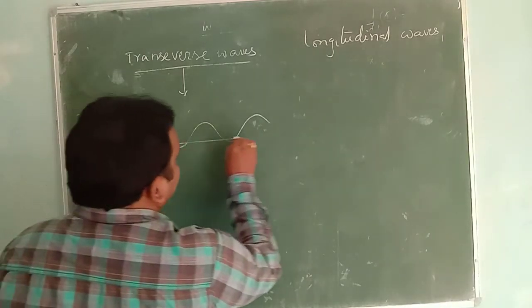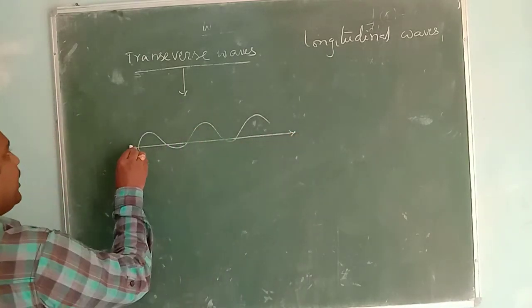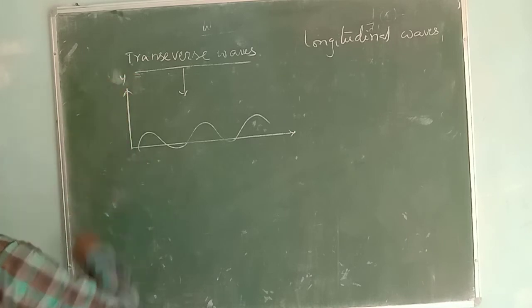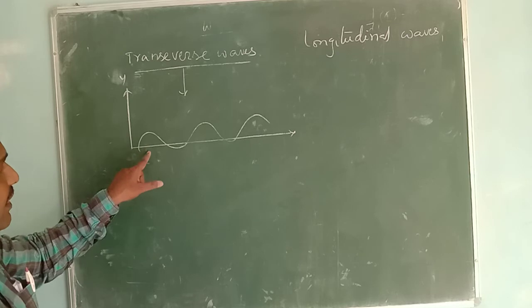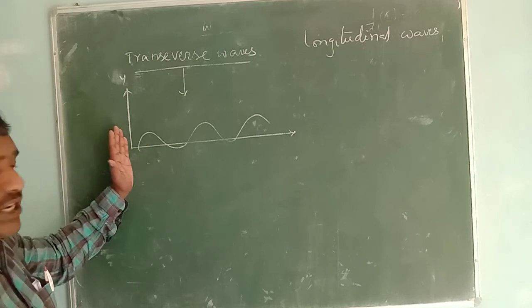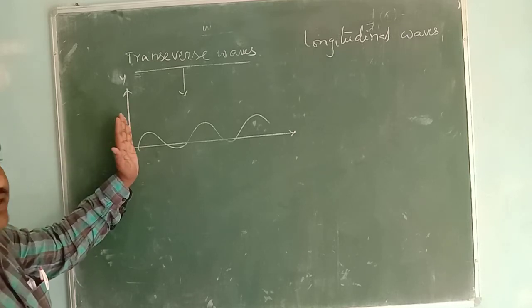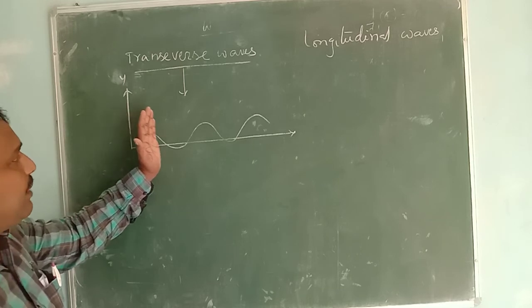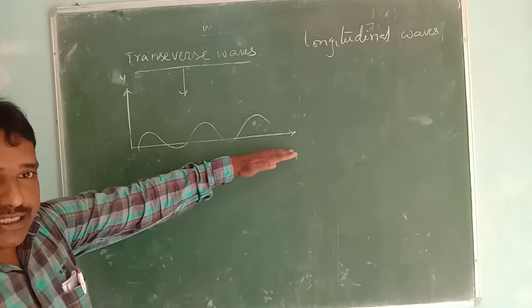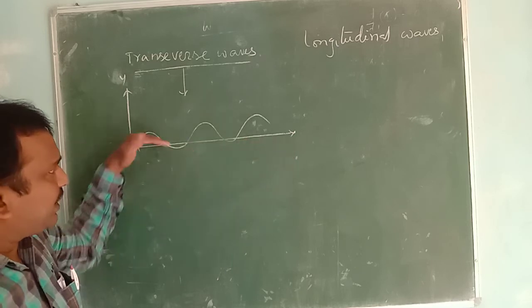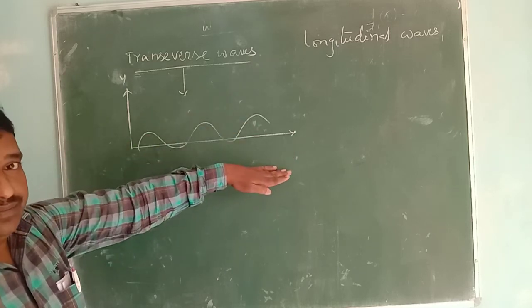If this is taken as the x direction and this as the y direction, then when the wave or disturbance is created here, that disturbance will propagate in the medium along the x direction. Suppose it is moving along the x direction.